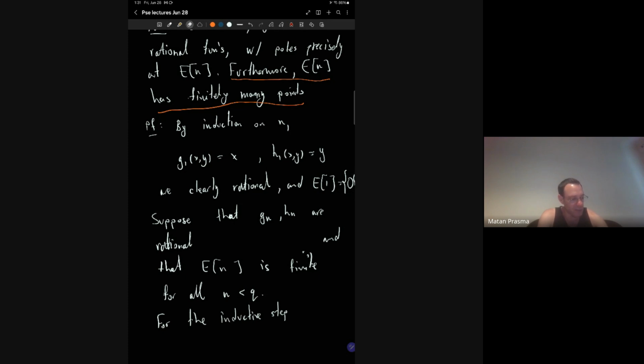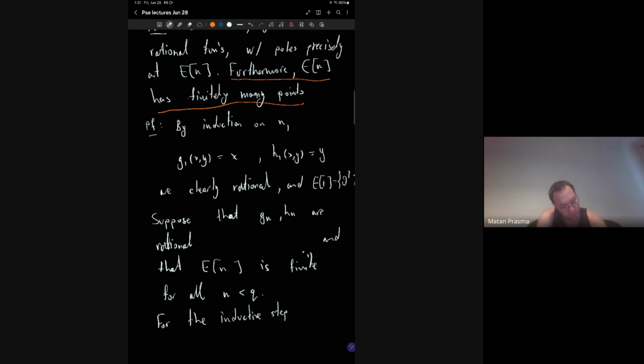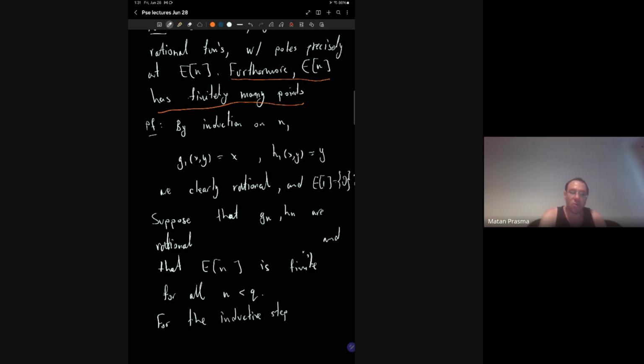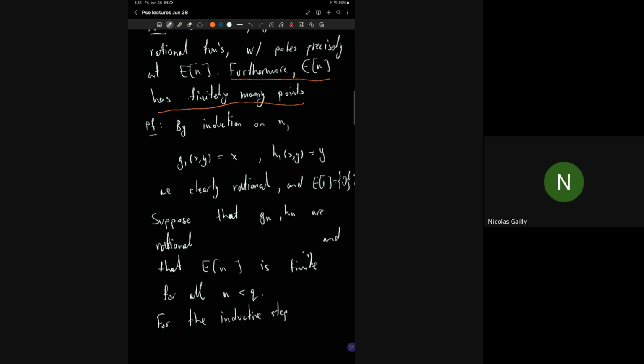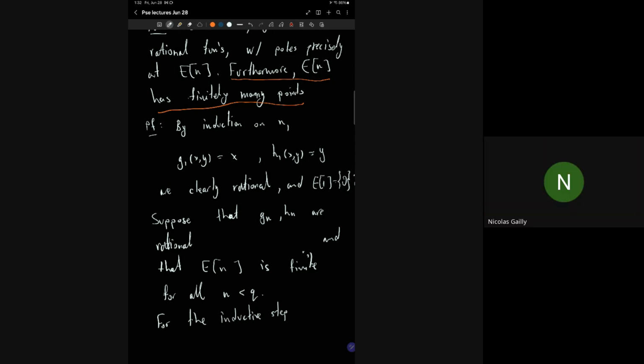It's all the points P in the algebraic closure such that if you do 1 times P, you get O. And there is only one such point. 1 times P is equal to P, so it's 0 only if P is equal to 0.